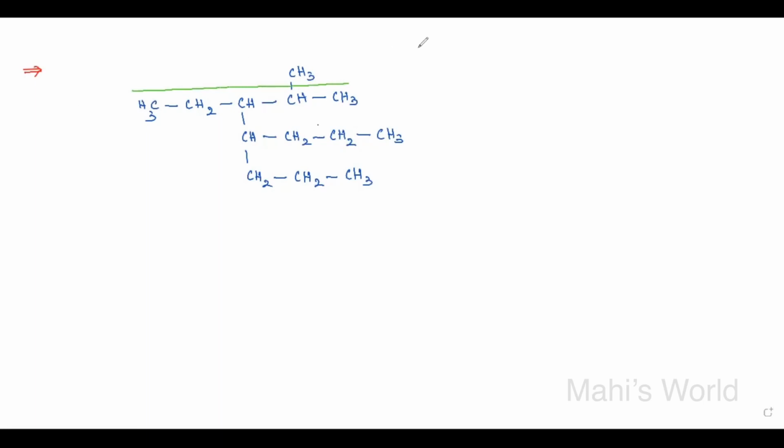This is what, of course, is possible, but it has only 5 carbon atoms. Let's see if we can get more carbon atoms in our parent chain. So for that sake, what I've done was, I've taken this way. I mean, this is what I wanted to take.